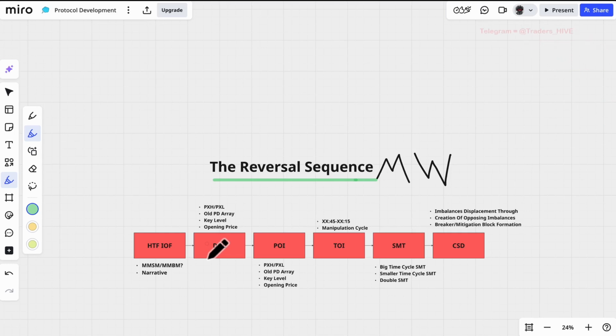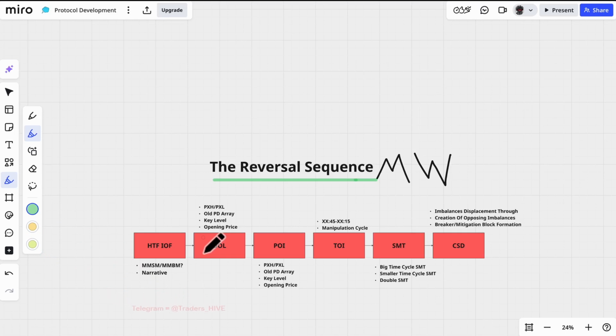Once you have established that bigger draw on liquidity, you can utilize smaller time cycles to frame draws on liquidity throughout the days. Meaning you can be using a previous session high, or a previous 90-minute cycle high, or even a previous 30-minute cycle high. It depends on how big the trades are which you want to target. But this is important to note because we move from the bigger time frames, the bigger time cycles, to the smaller time cycles when it comes to draw on liquidity selection.